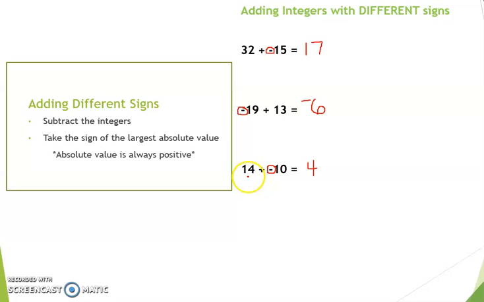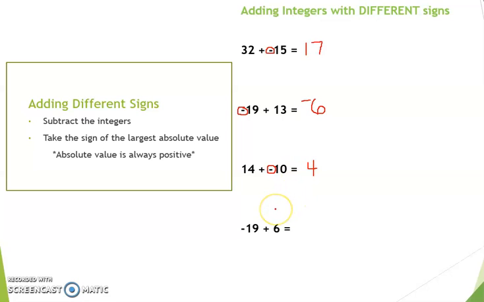So the absolute value of 14 is 14, and the absolute value of negative 10 is 10. We know that 14 is greater than 10, so we're going to take the sign of the largest absolute value, which is positive. So positive 14 plus a negative 10 gives us a positive 4.